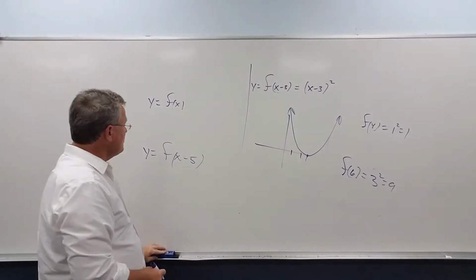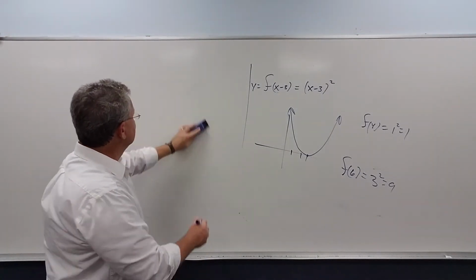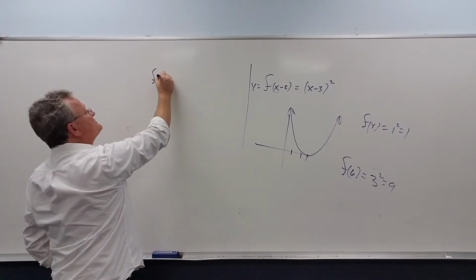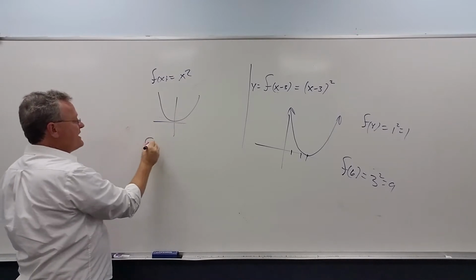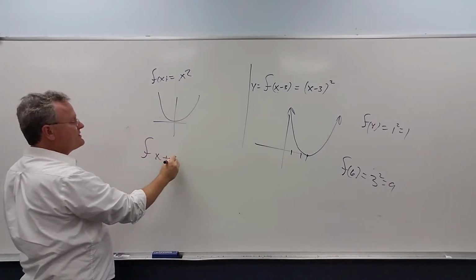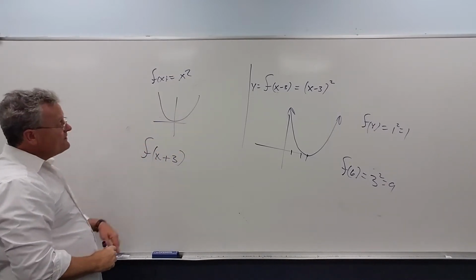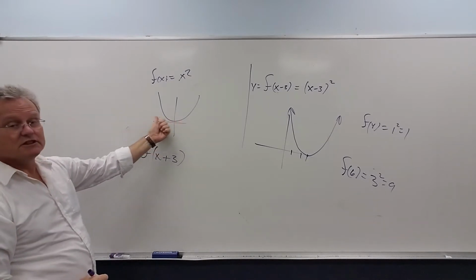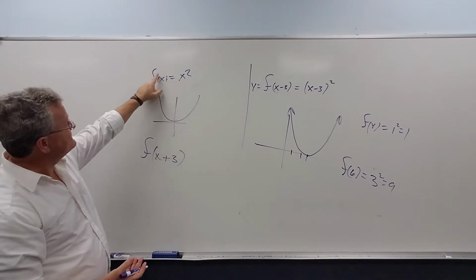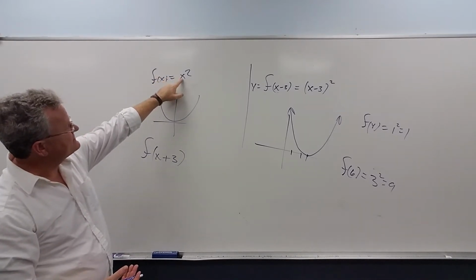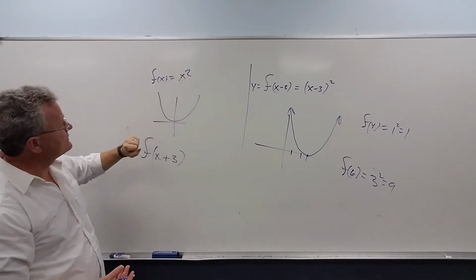What if we had, let's go back to our f of x equals x squared. What is f of x plus 3 going to look like? Well, this is going to move the graph to the left 3 places. The reason why is because to get 0 for y, x has to be 0, because 0 squared is 0.